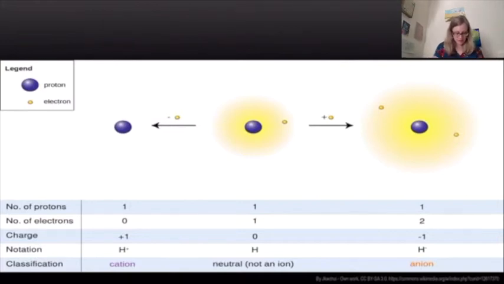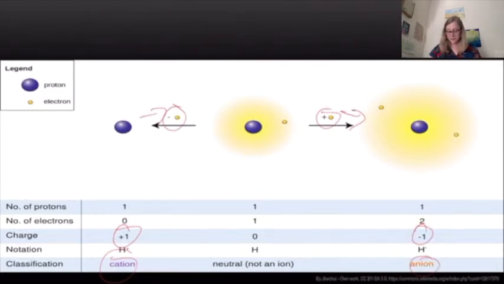All right, so we can again remove an electron and make it a positive charge and get a cation, or add an electron and get a negative charge and it'll be called an anion. Why is this? Again, because electrons have negative charges.